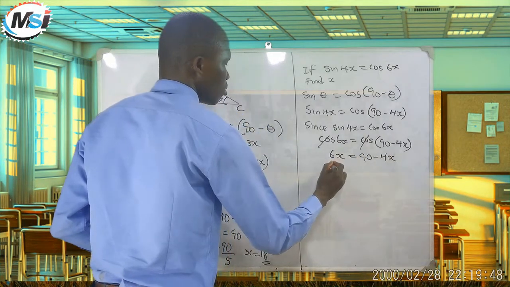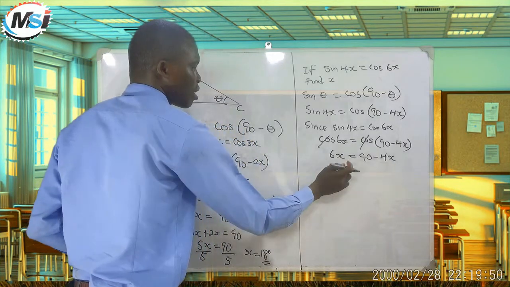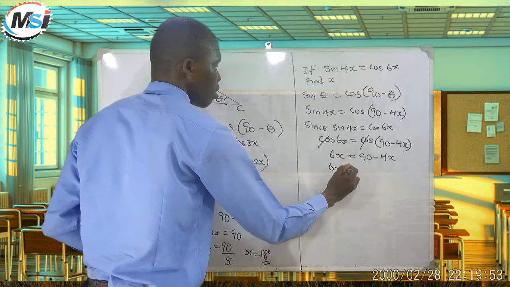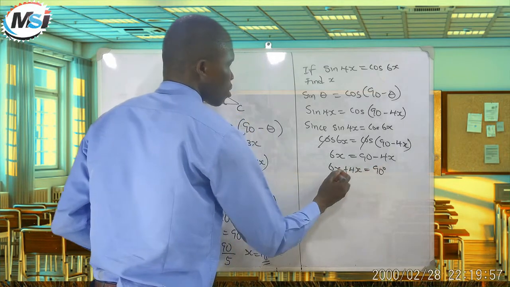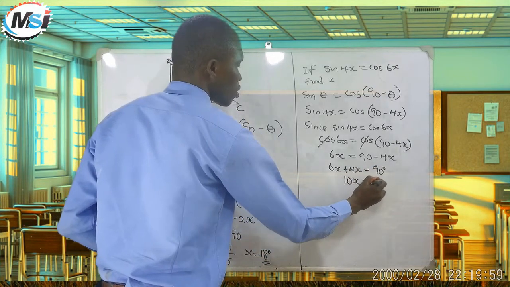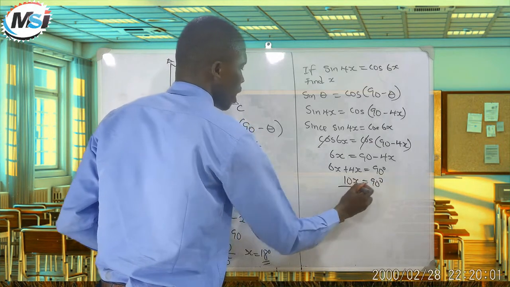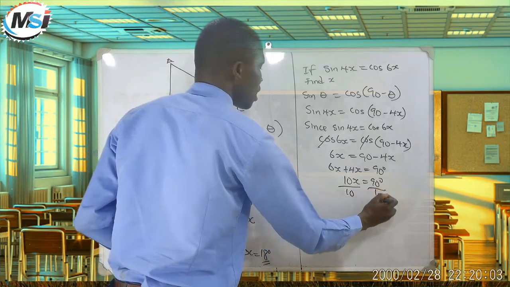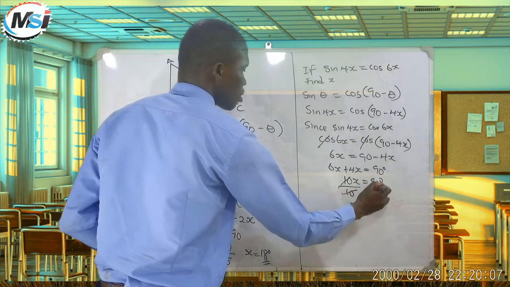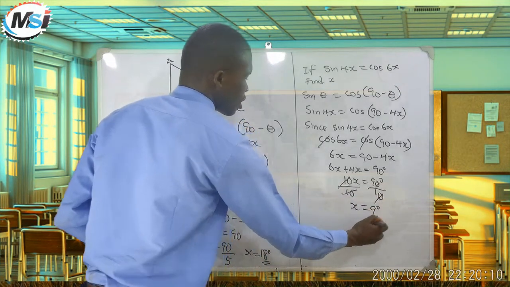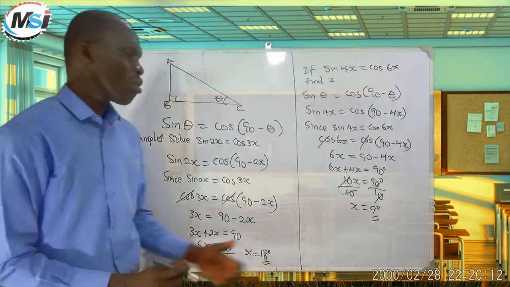So when you bring minus 4x from this side, it turns to 6x plus 4x equals 90 degree. So this will give us 10x equals 90 degree. Divide this by 10, divide this by 10. This cancels this, x will give us what? 0 cancels 0, 9 degree. So that will be the value of x.